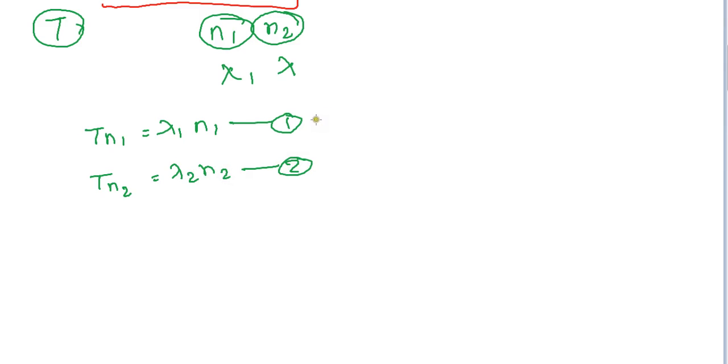Now if we multiply the first equation with N2, we get N2 dot T N1 equal to alpha 1 N1 dot N2.